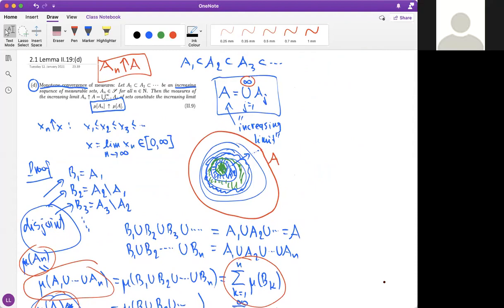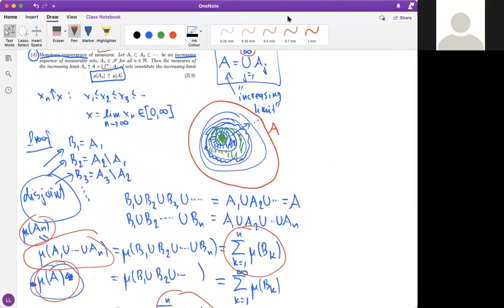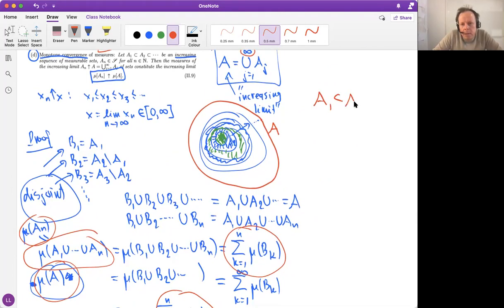Sorry, I'm a bit confused with the notation that mu of An is equal to the mu of the union A1 up to An. Yes, good question. That was maybe unclear. We assume that A1 was contained in A2, and so on, that these were contained in each other. So An is actually containing all of these.